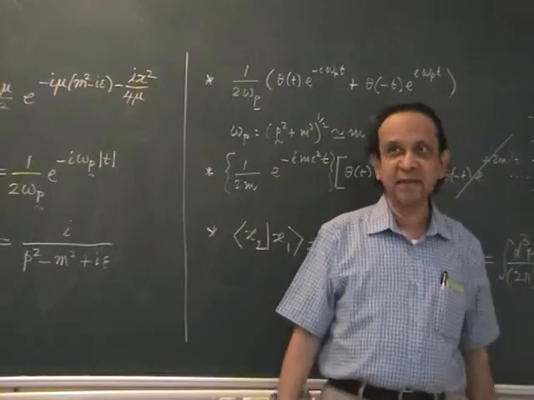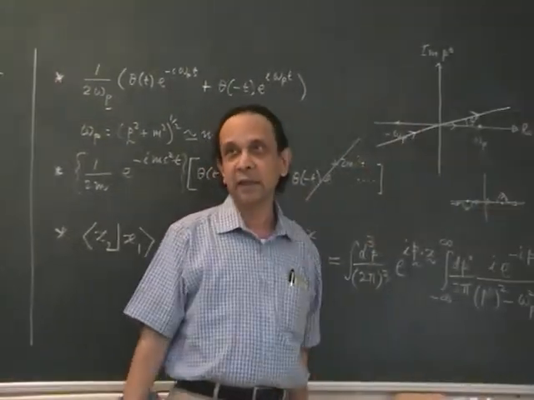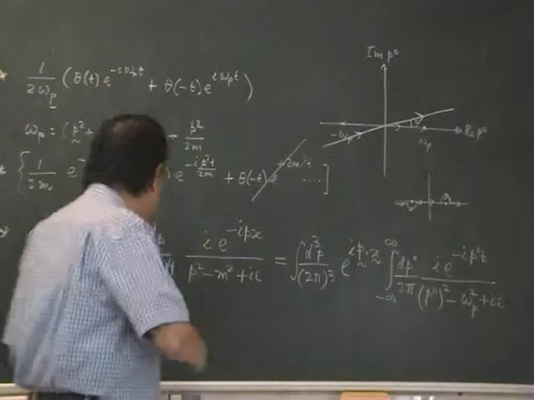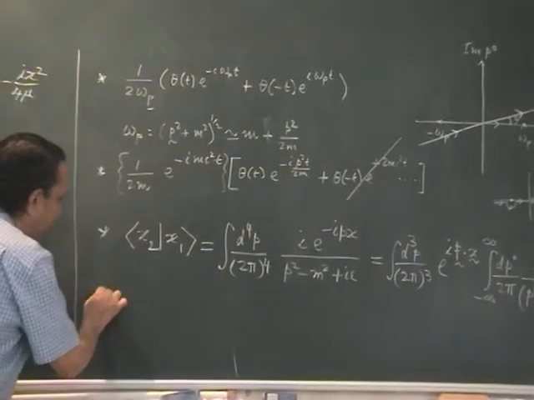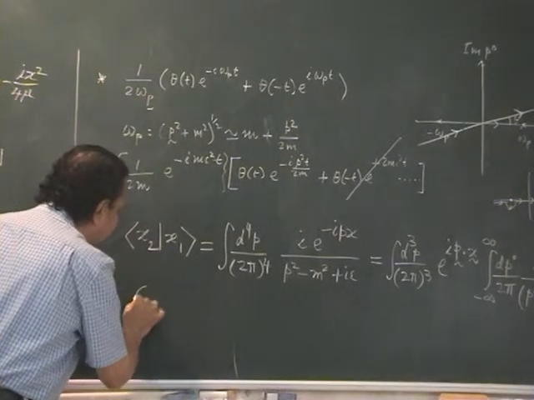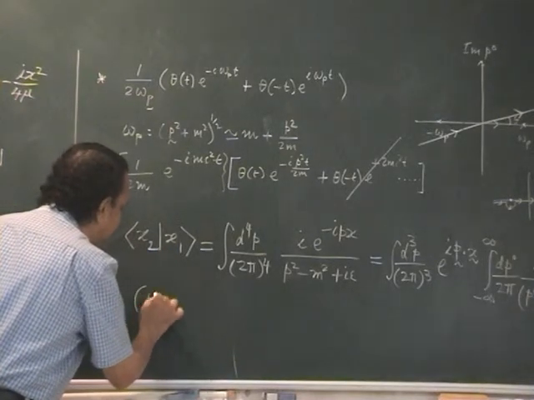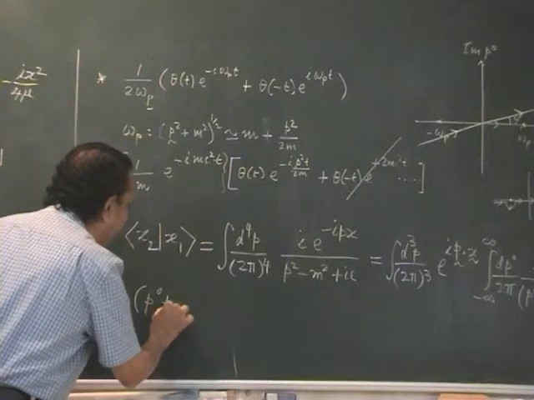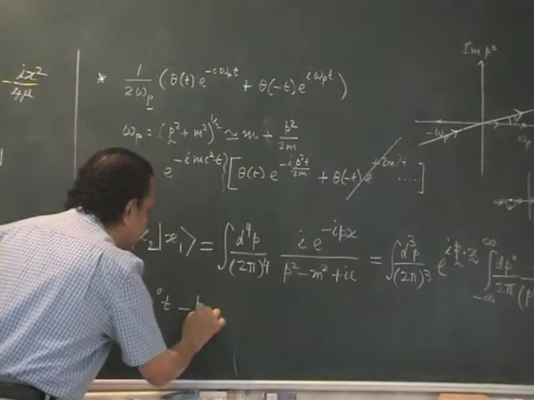But I wanted to spend a little bit of time on this Euclidean continuation which we are talking about. What are we doing here? Normally, when you look at the phases of quantities, you will have something like p naught t minus p dot x.